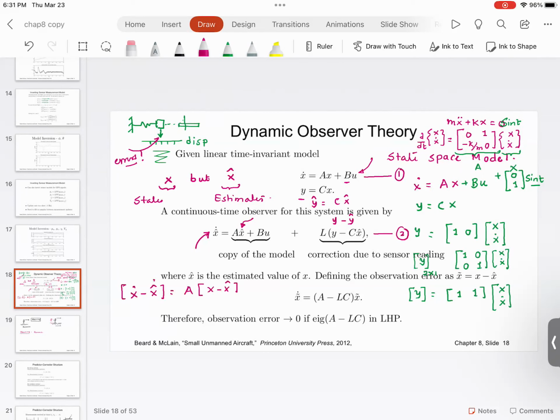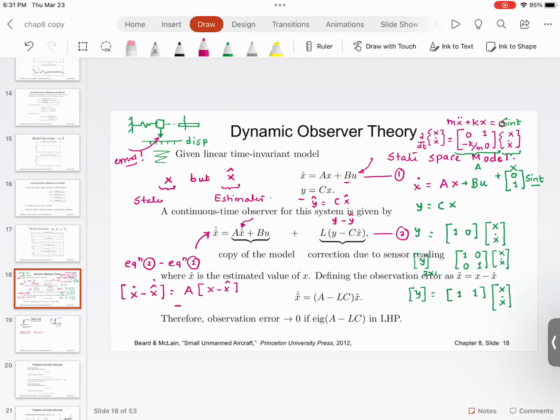As you can see, there is no change in BU. So basically, I'm going to say equation 2 minus equation 1.